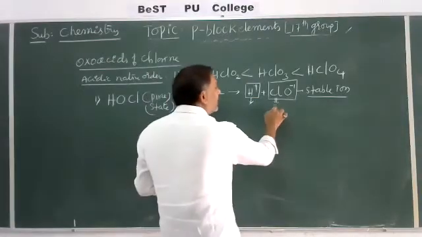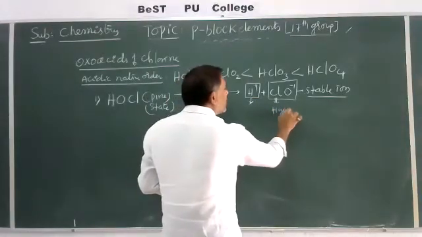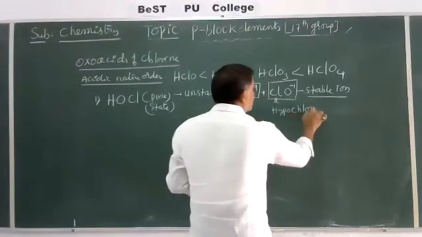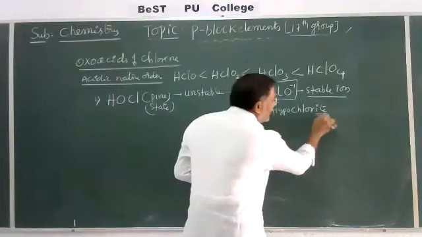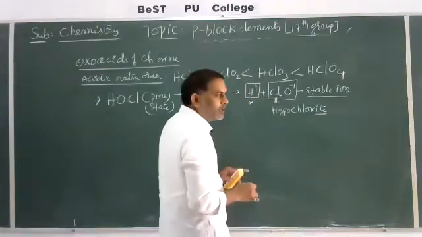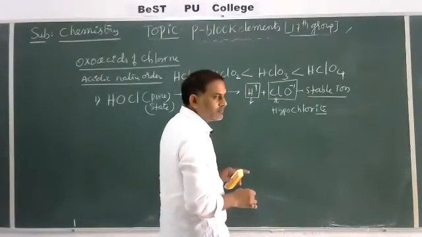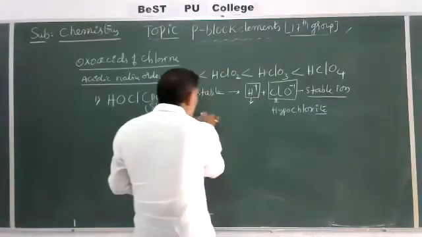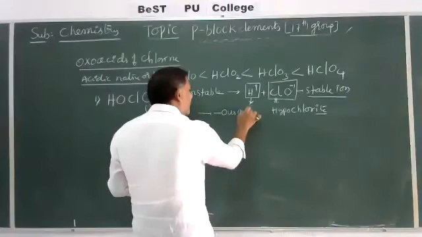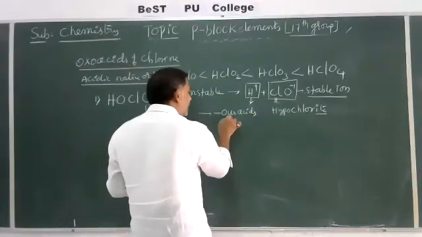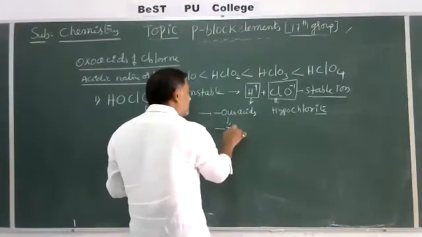Now this ion is called hypochlorite. For OUS acids we will get ITE, for IC acids we will get ATE. So for OUS acids we will get ITE salts.